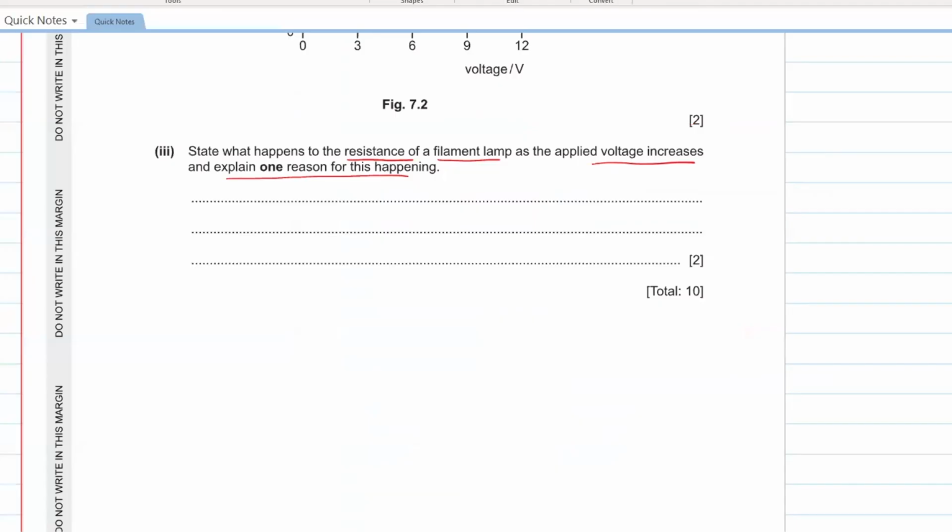You can say as voltage and all these annotated past papers भाई ड्राइव पे अपलोड हो जाएंगे. Don't rush to copy. Just try to focus, sit back, relax, and understand. As voltage increases, your resistance increases.